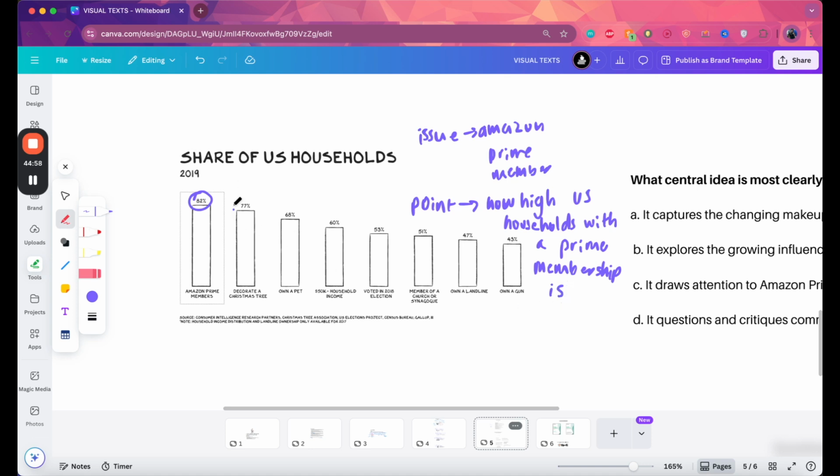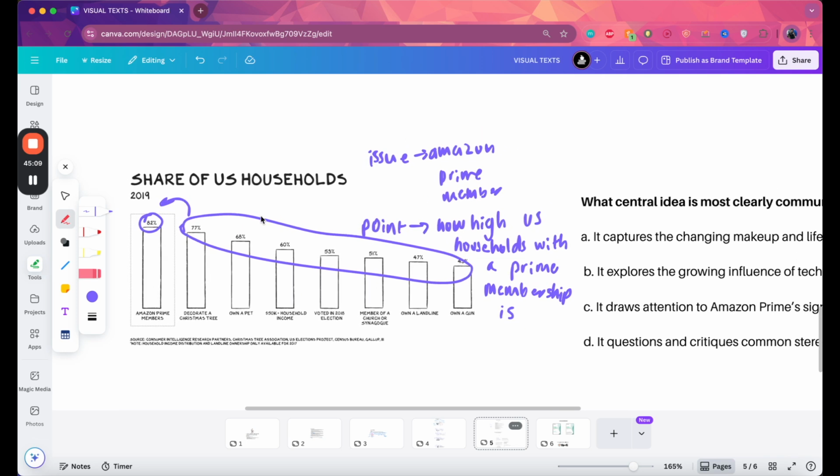And I guess they're trying to compare it to these things just to show that, well, maybe it's concerning that there's a really high percentage of Amazon Prime members, perhaps, or maybe that's me being biased. So maybe that's not the best thing to draw from this.